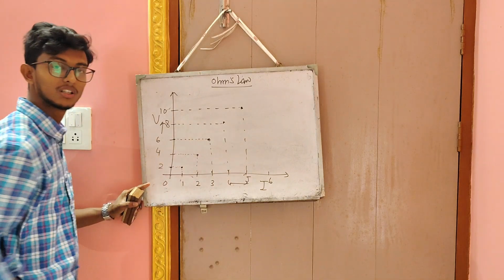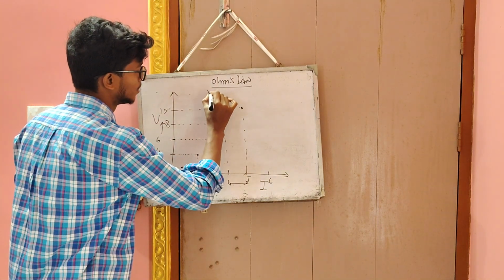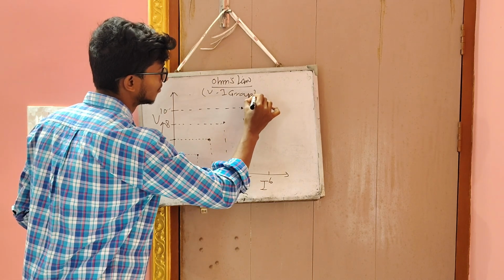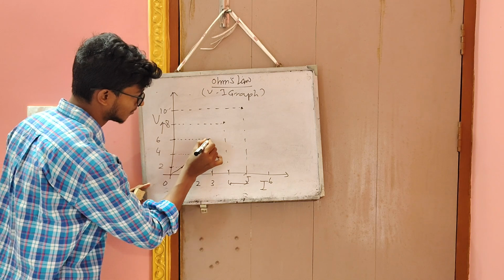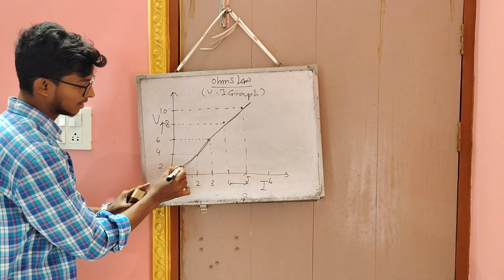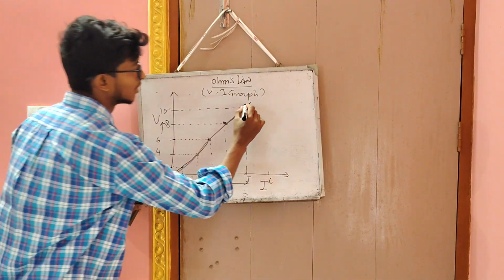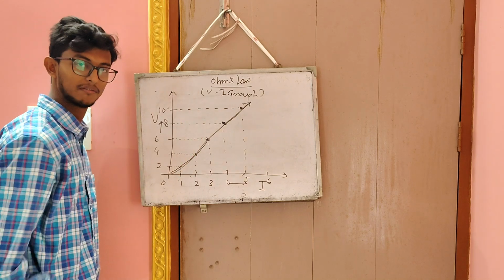So we draw the graph of voltage versus current. This is called VI graph. Okay. So we draw the line. It's a straight line. This is the main point. Okay. So for a conductor, this is the VI graph.